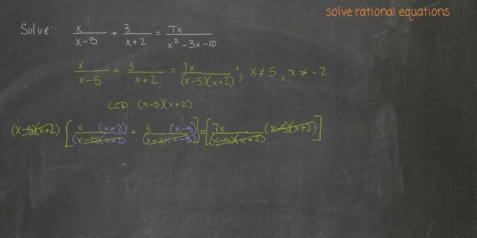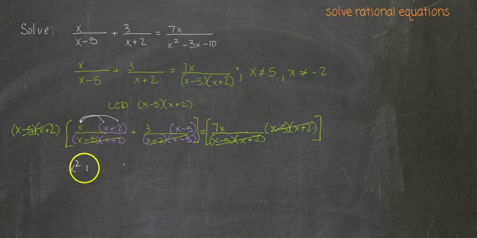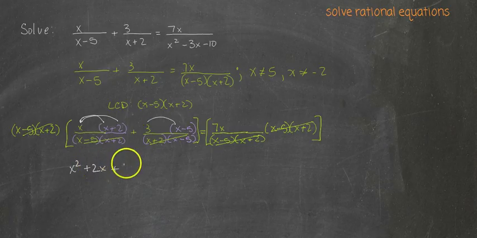So now all I'm looking at is a polynomial equation. I want to solve for my x, which means I'm going to distribute. Plus, distribute the second numerator.